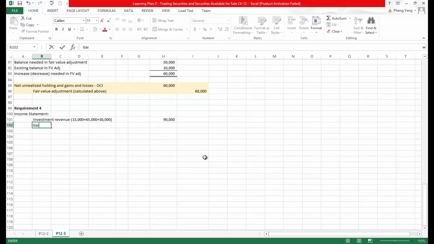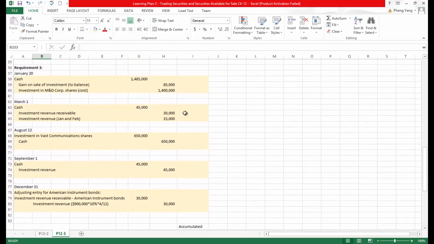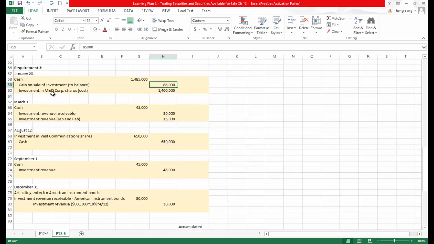Okay, and then gain on the sale of the investments for that 85,000. Right there. Okay, we sold the M&D Corporation shares and we had a gain of 85,000.